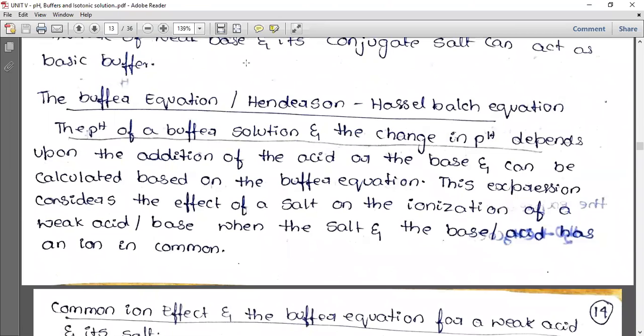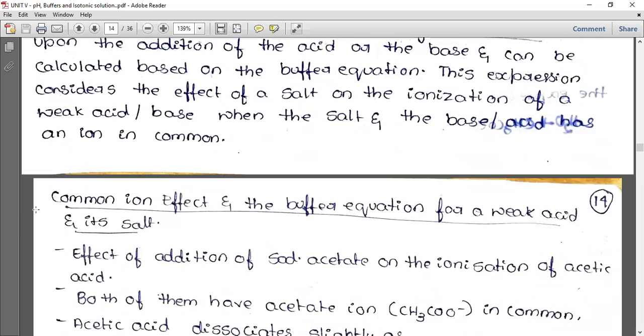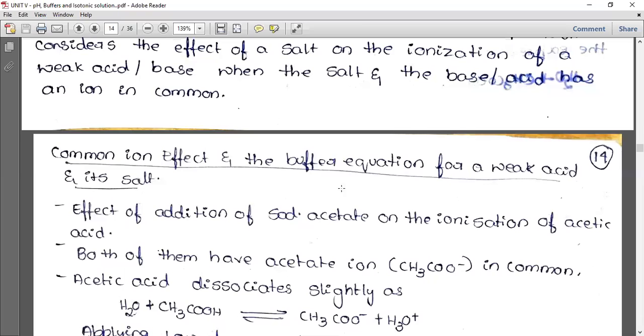It's the same thing whatever we talked about that time, right? So what is the effect of salt on ionization of an acid or a base when the salt and the acid or the base has an ion in common? That we call the common ion effect. Consider the buffer equation of a weak acid and the salt, the same acetic acid and sodium acetate.